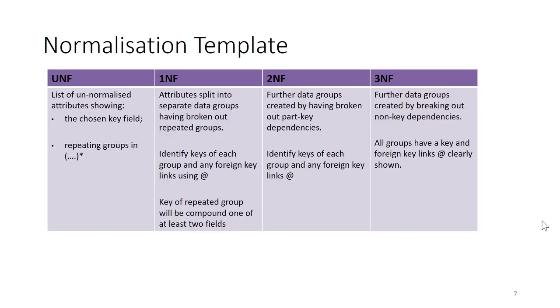So we are going to look at un-normalized form and see what the characteristics of an un-normalized form are. This is a template of normalization. As you can see, we are starting our design by looking at un-normalized form, and then applying some rules on it, we will get first normal form.